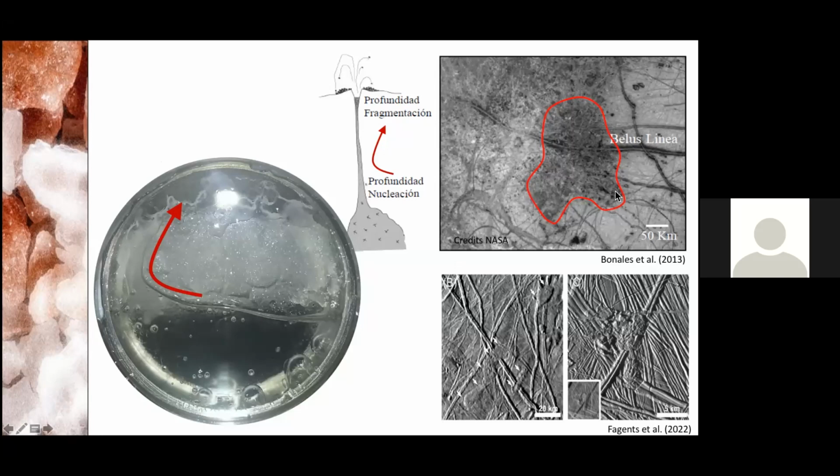So, for example, this spot around Velus Linea can be an example of this cryoclastic deposit on Europa.